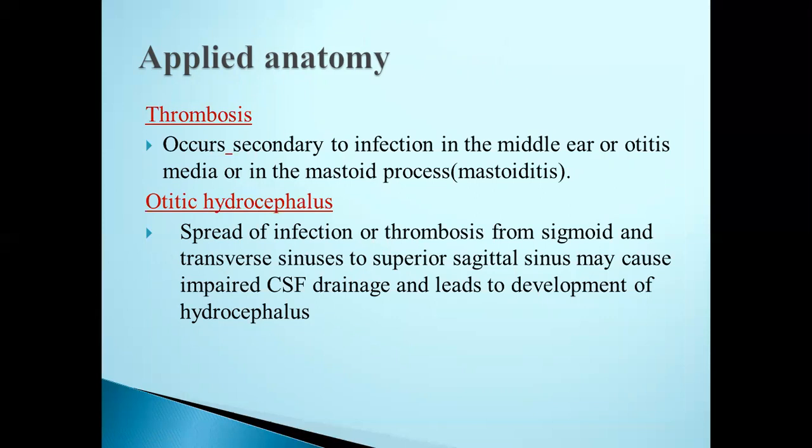So when there is an infection into the sinus, spreading of infection from sigmoid and transverse sinus will go to superior sagittal sinus, as superior sagittal will continue as transverse, transverse will continue as sigmoid, sigmoid will continue as internal jugular vein. So all are connected. So this infection may spread up to superior sagittal sinus, which may cause impaired CSF drainage, and this leads to development of hydrocephalus.